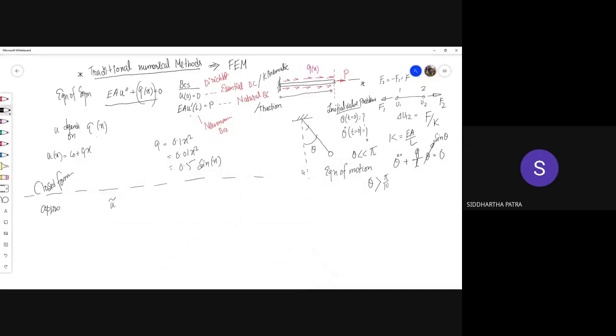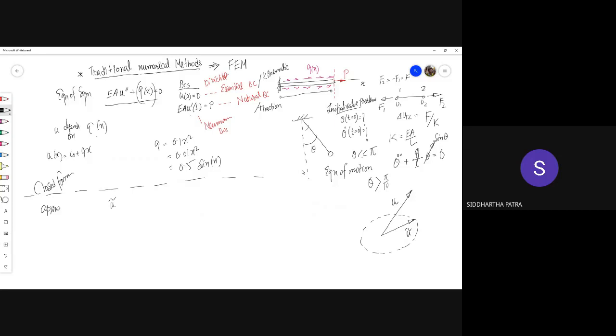So let's say u tilde is the approximate solution that I'm trying to get. Again, from the vector and function analogy, let's say u is the function that I should be solving, what the differential equation is based on, and u tilde is a solution that I'm getting because I'm looking in a smaller subspace of functions.